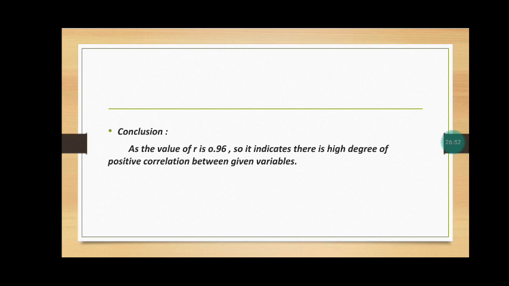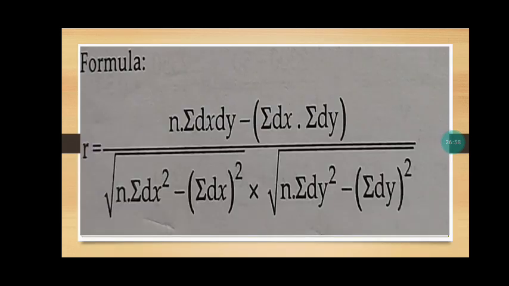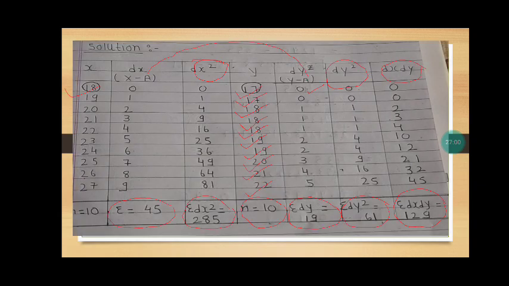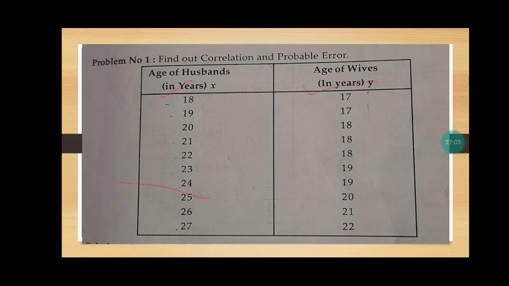So what are the given variables? Given variables are age of husband and age of wives. So we are going to say that there is a high degree of positive correlation between the age of husbands and the age of wives. So this way we are done with our first numerical problem.